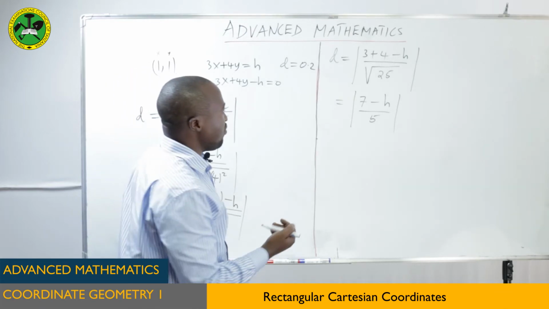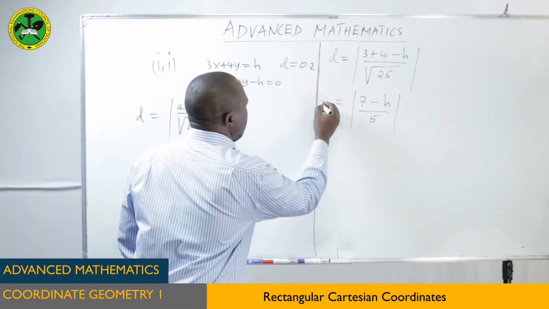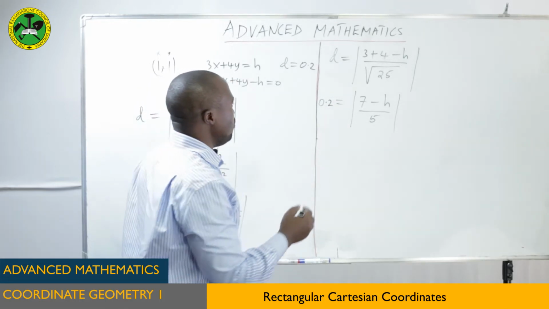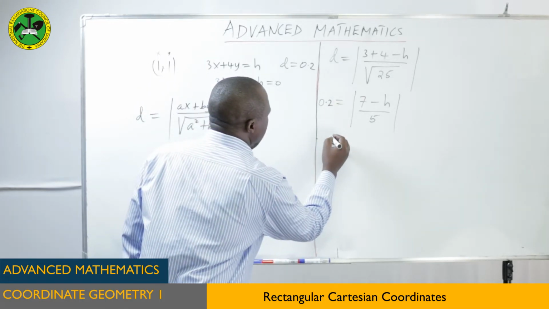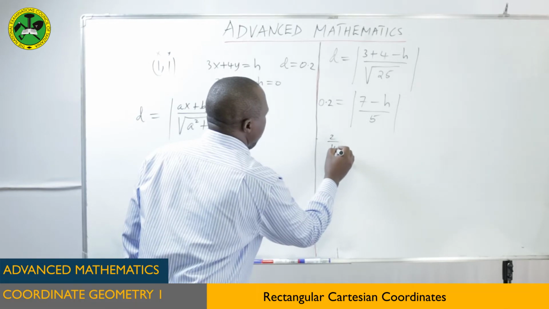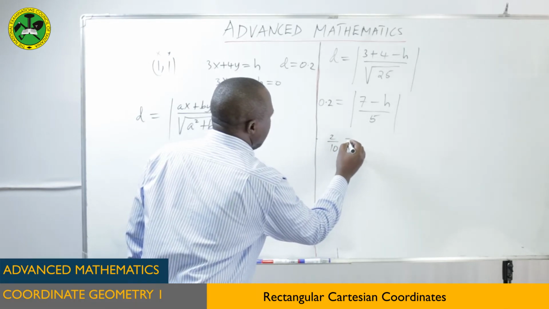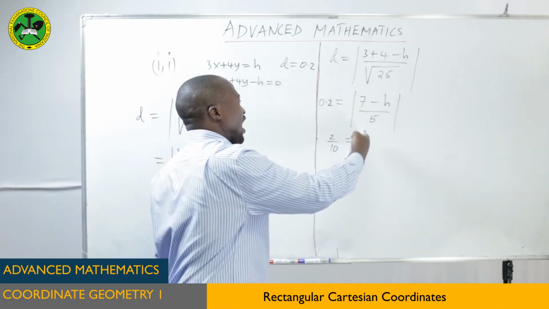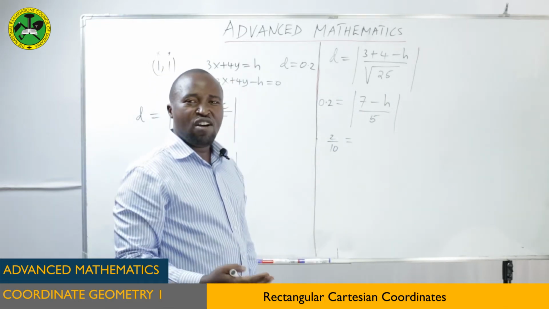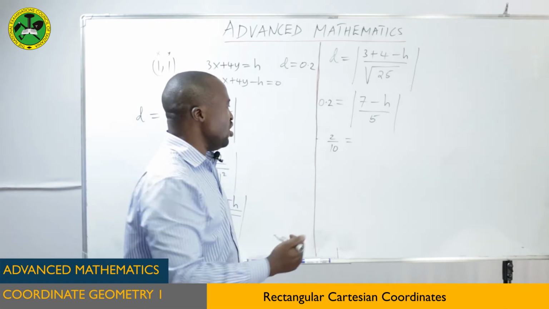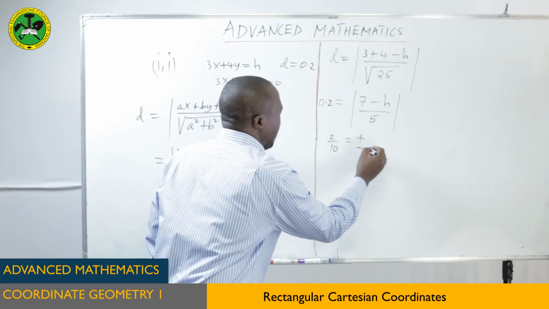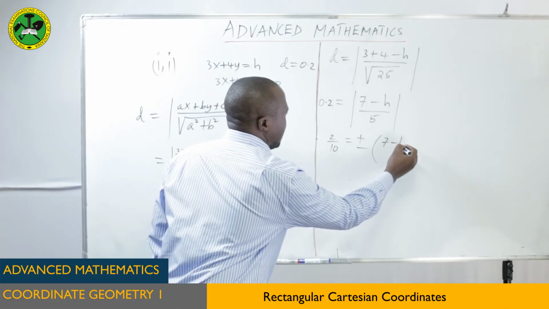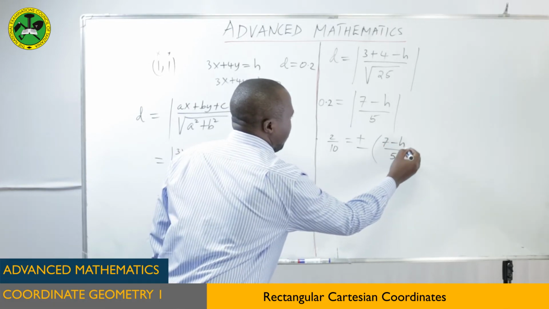So we can substitute the value of d. That is 0.2, which can also be written as 2 over 10, is equal to, now we are going to remove the absolute value. How are we removing the absolute value? We introduce the plus and minus followed by a bracket of 7 minus h over 5.